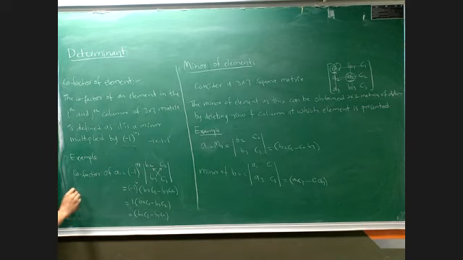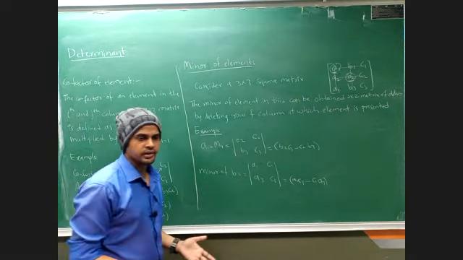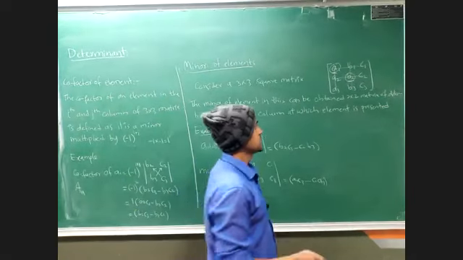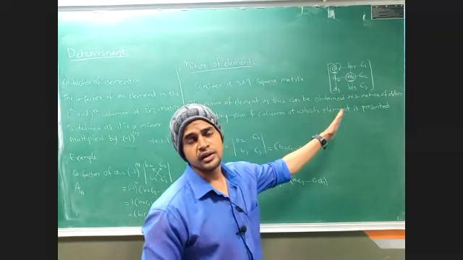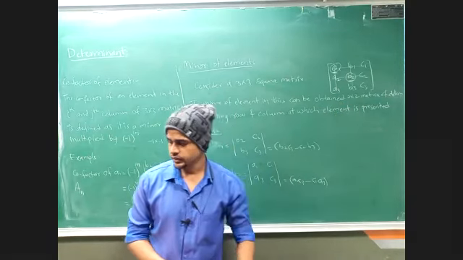Sometimes the cofactor is represented by capital A, so the cofactor of A1 can be represented as A11. So you can find 9 minors of the elements and 9 cofactors of the elements.